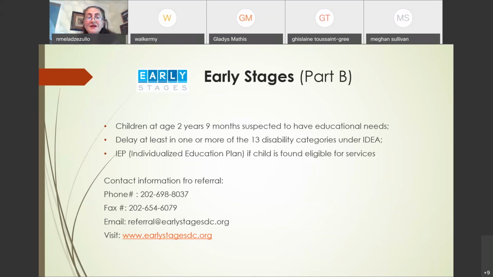And in this case, if the child is eligible for services, an individualized education plan will be created, and it's going to be explained to the parents what it's going to take. And especially if you're going to decide to take the child to DCPS, what school would be appropriate for your child, and then what kind of services, how often, and then who will be providing services. All that will be shared with you.